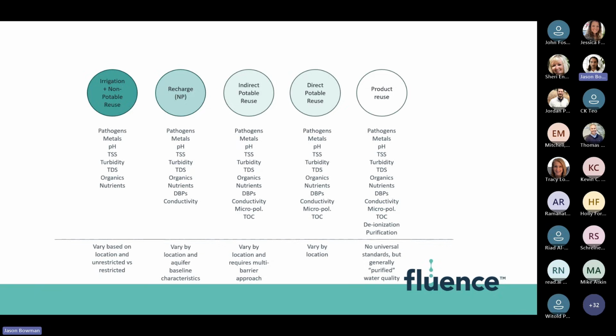Now, we as Fluence are directly involved and engaged in making these reuse applications possible. So these projects can be need-based, meaning access to sufficient water is limited, or sustainability-based, that is, a factory may be concerned with its environmental impact or even its operating costs.